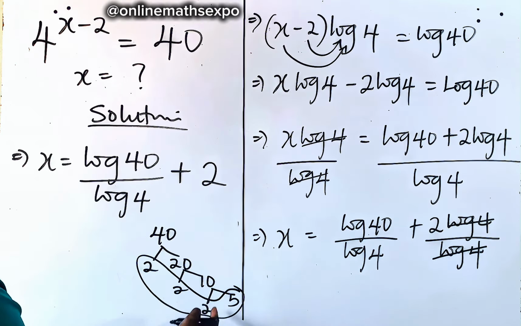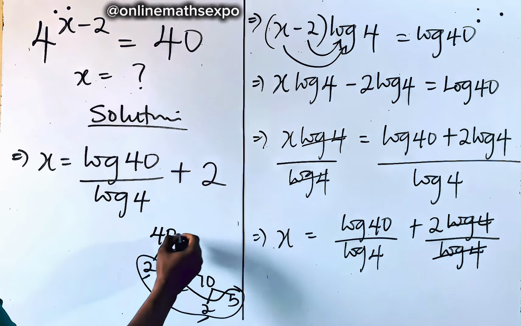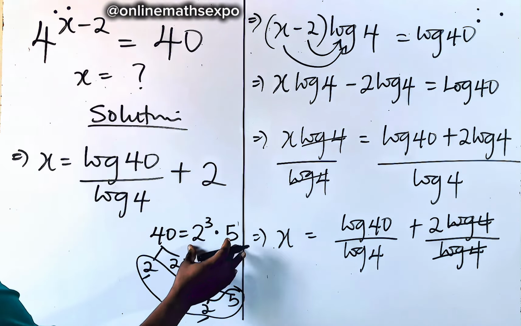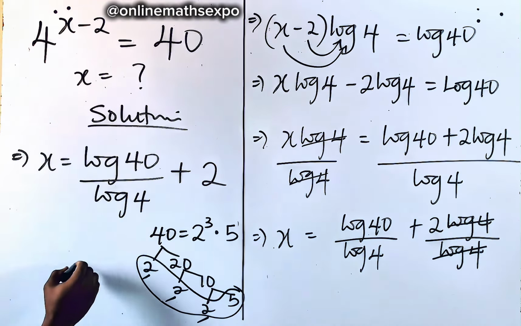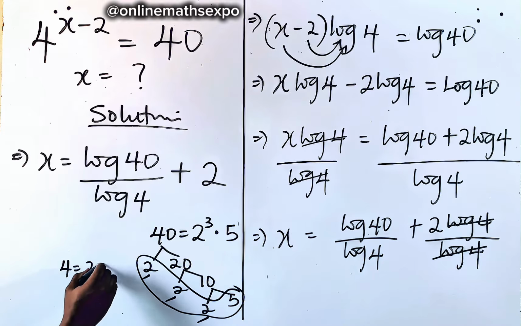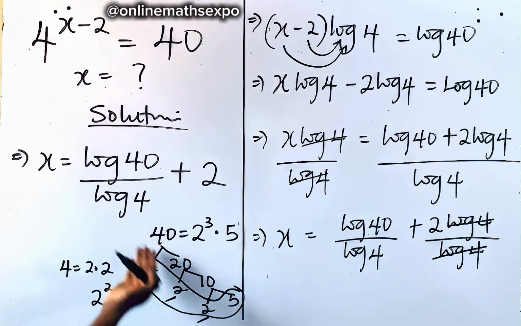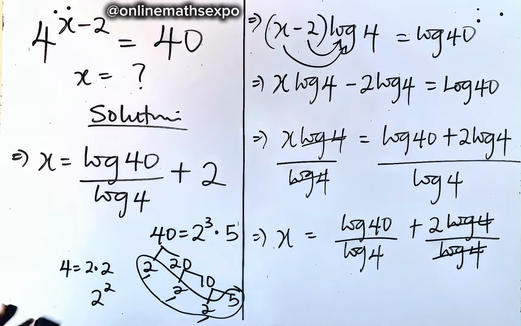So it means that 40 is the same as this. Did you see that? So we're going to replace 40 with what we have. And this 2 is multiplied 3 times. So it means that 40 is 2 to the power of 3 multiplied by 5. And what about 4? We know that 4 is the same as 2 multiplied by 2, which is 2 squared. So we're going to replace this here to help us simplify.